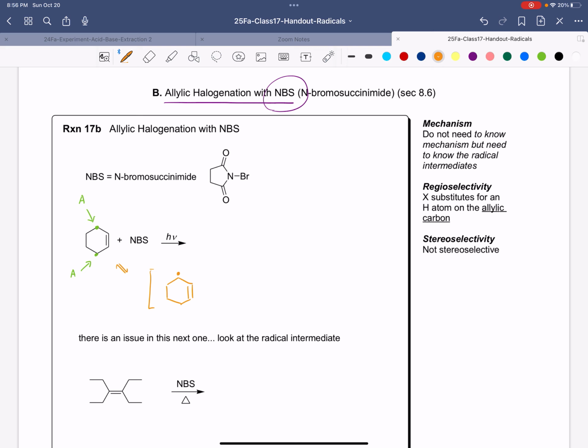Now the thing is, you know that allylic radicals, and this is an allylic radical, have resonance. And what color can I use? Let me use purple.